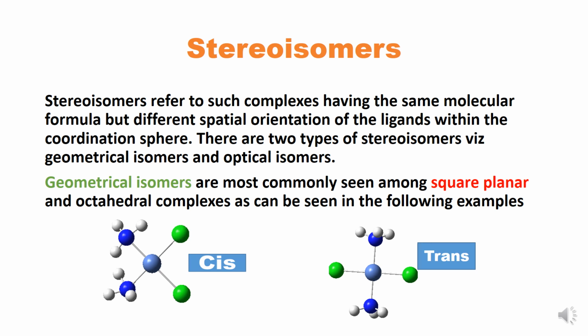In the same vein, you also have the other isomer whereby it is still a square planar molecule, but the ligands are arranged in opposite directions. The two greens are to the left and to the right, and the two blue carrying three atoms are arranged on top and below.